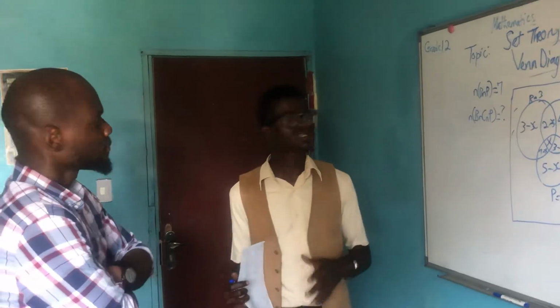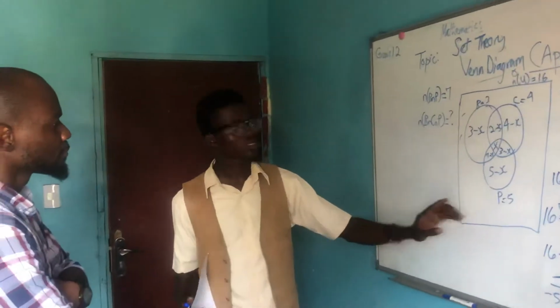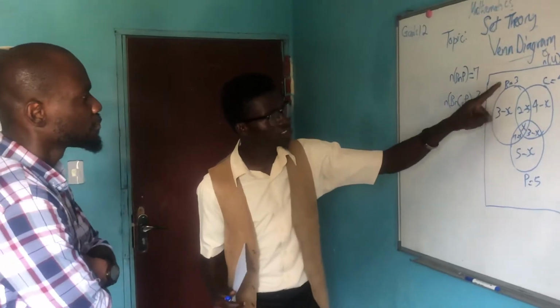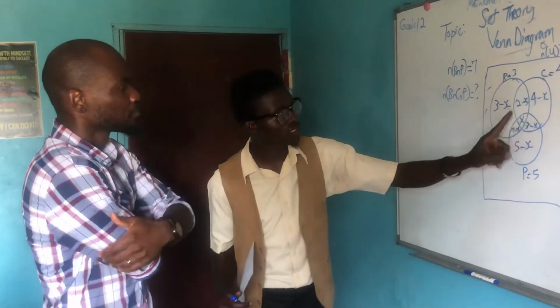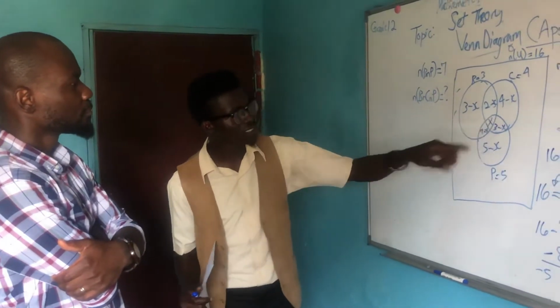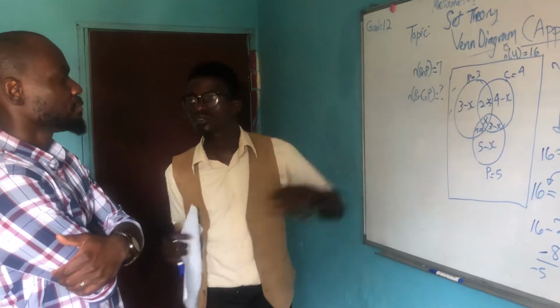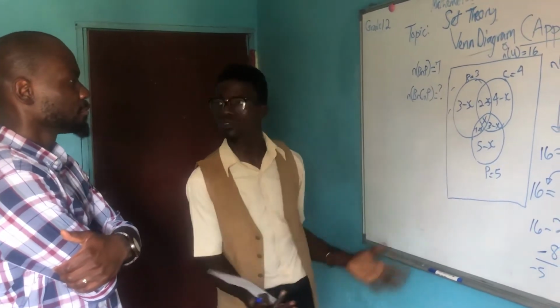That is students specializing in biology, chemistry, physics, and both biology and chemistry, as you have 2 minus x. The reason you see x here is because it's the intersection of the 3. Now we have intersection, union, and complement.